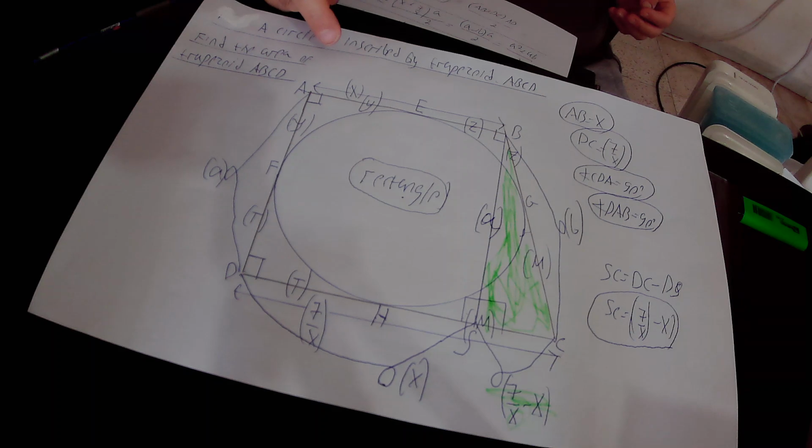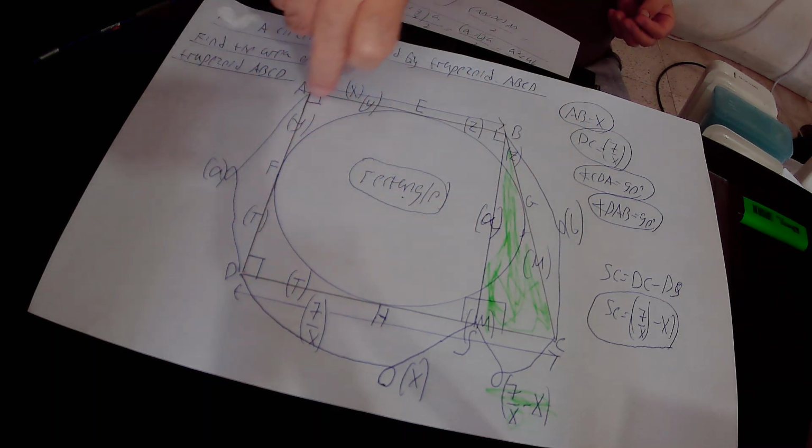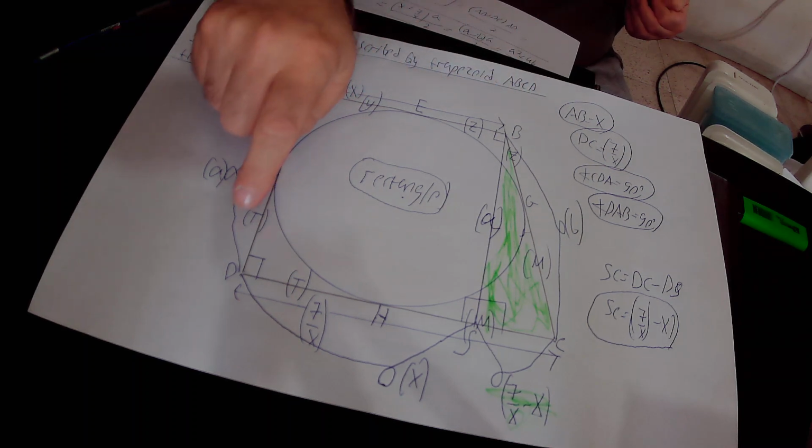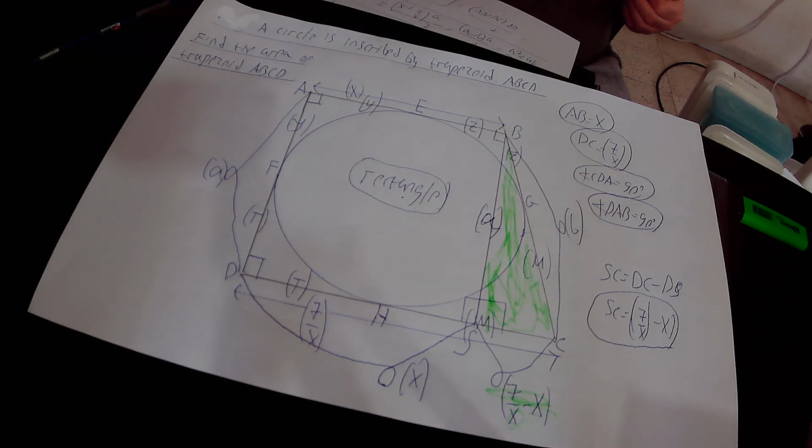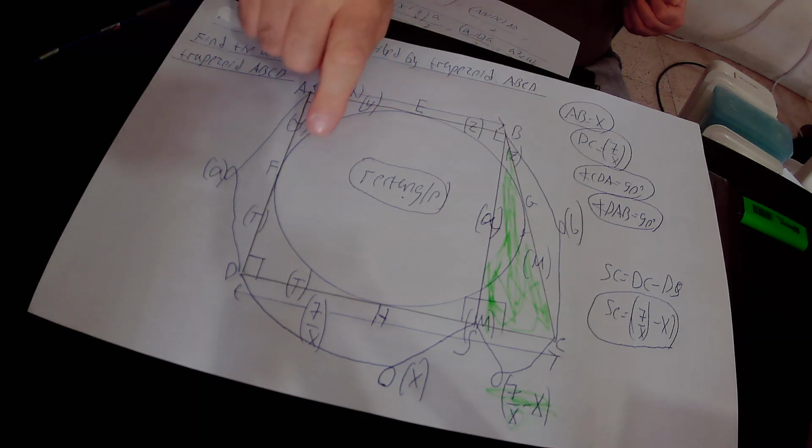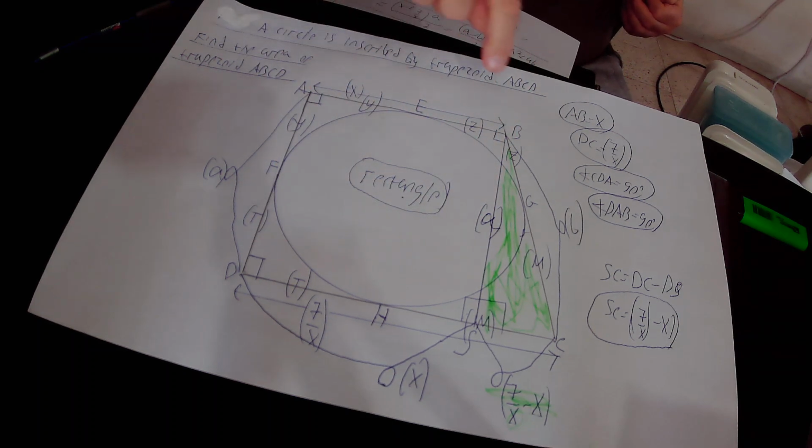First of all, we know that ABSD is a rectangle, and we know that the opposite sides of a rectangle are parallel to each other. So in rectangle ABSD, side AB is parallel to the opposite side DS.